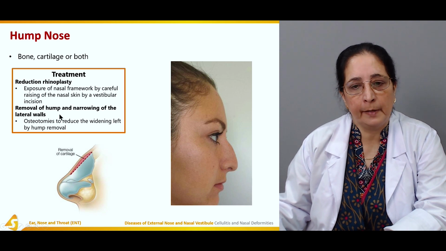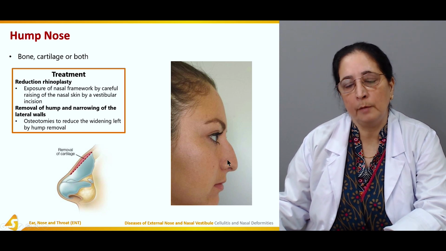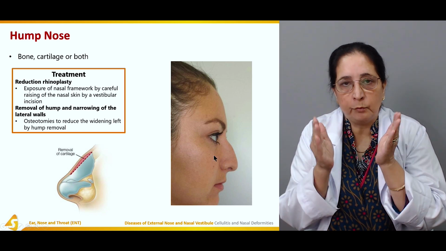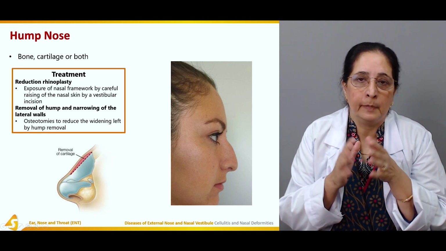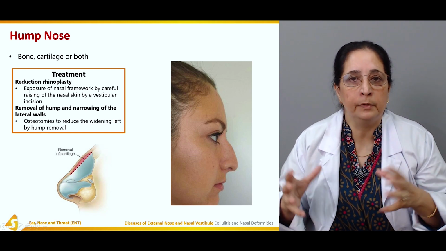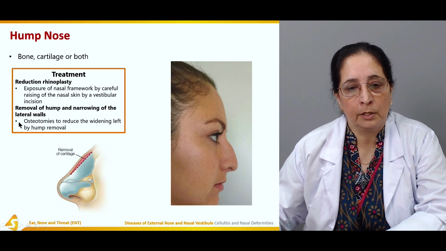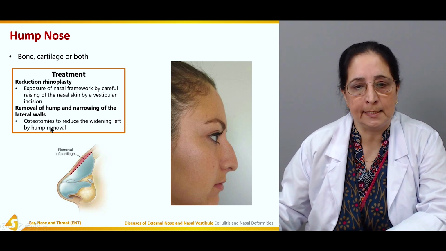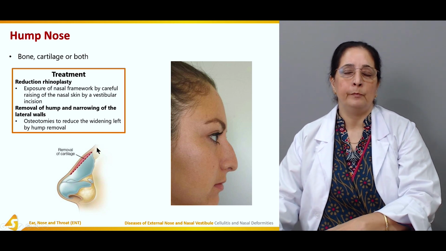Removal of hump and narrowing of the lateral walls. So when the hump is removed, the lateral wall becomes wide. There is widening of the wall. So after the removal of the hump, the walls should be brought together to remove that widening. So osteotomies to reduce the widening left by the hump removal.